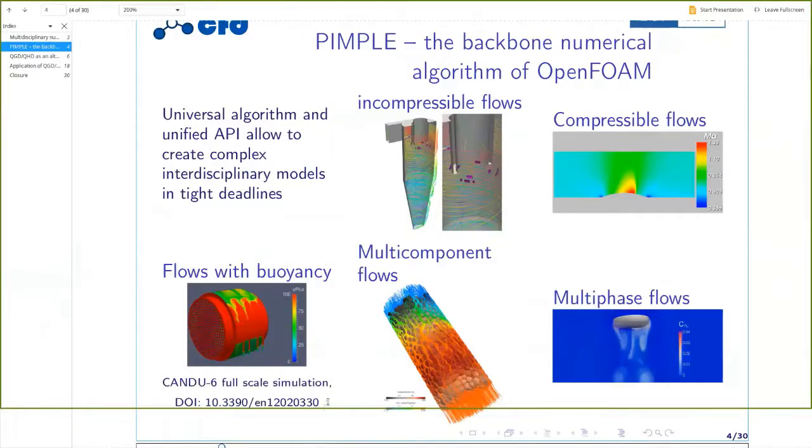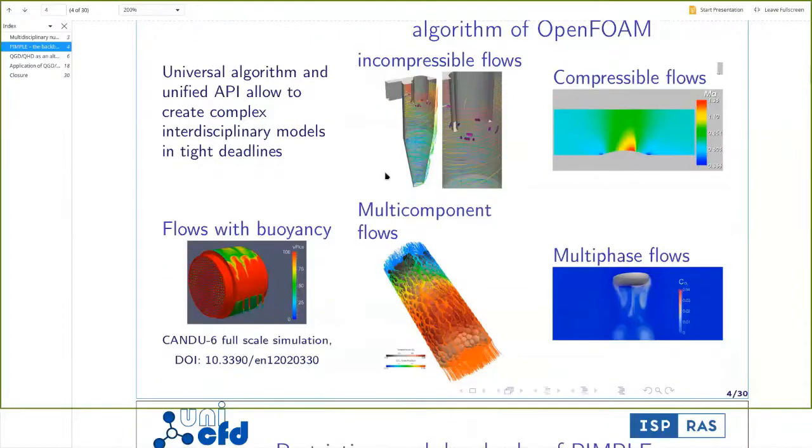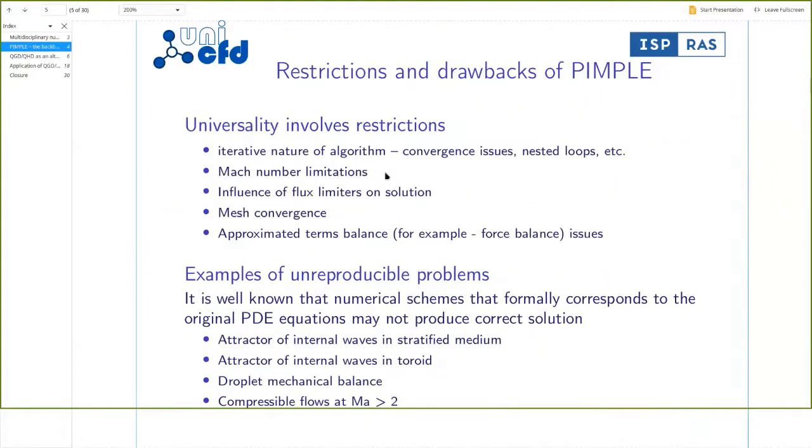However, this generality comes with some cost. This cost produces restrictions. For example, the PIMPLE algorithm is iterative. We need inner and outer iterations at each time step, and this increases computational costs. This algorithm cannot be applied for high Mach number flows.